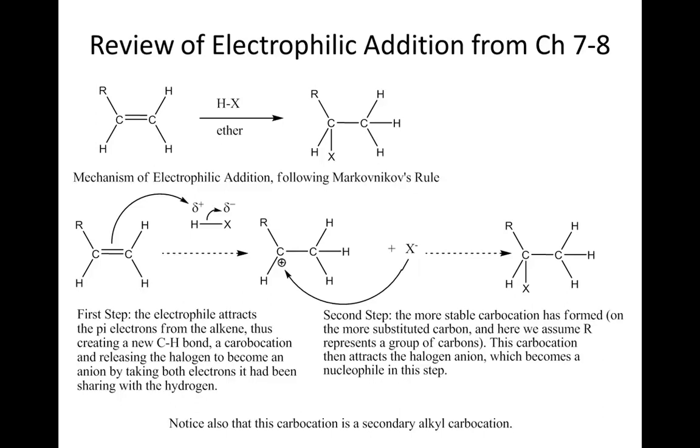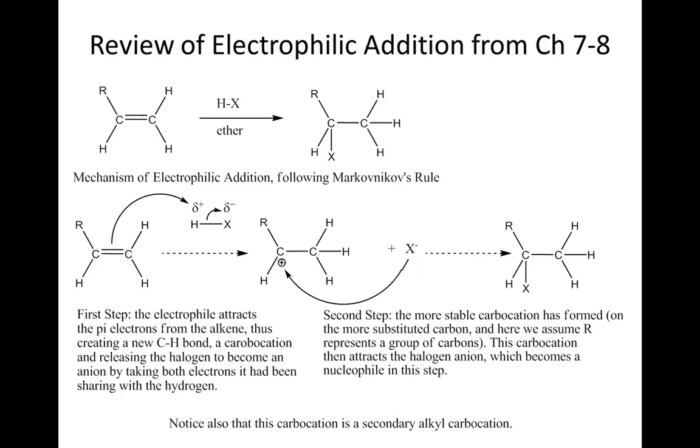And we talked about Markovnikov's rule and the way this reaction goes. So the pi cloud of the electrons reacts with the electrophilic end, the positive character hydrogen of this HX molecule, and then that causes the halogen to take this pair of electrons and gives you a carbocation, which is on the more substituted carbon.